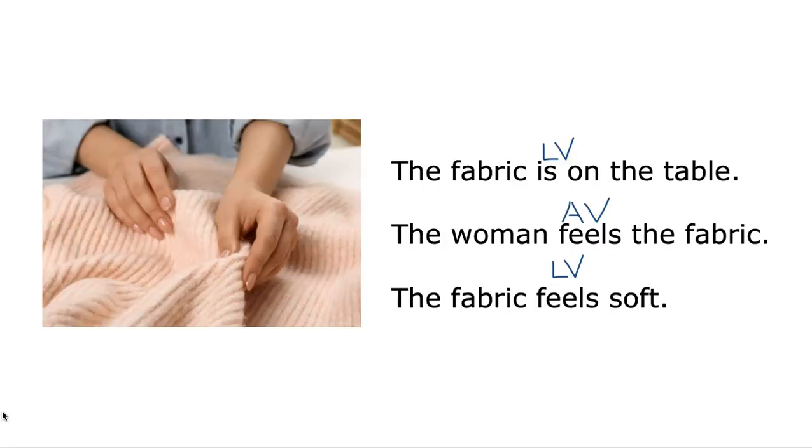Well, first of all, we have fabric, and fabric doesn't usually do things. But more importantly, look at the word after the verb, soft. Soft is an adjective, and we know that action verbs do not have adjectives after them.